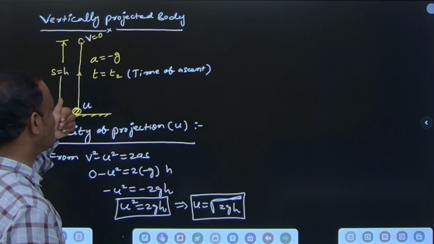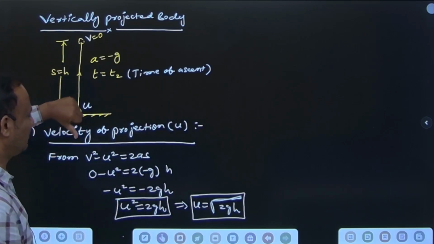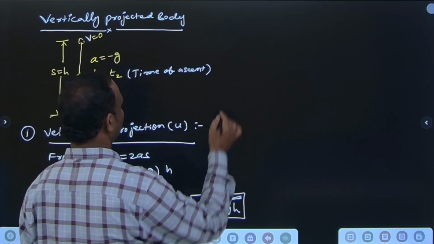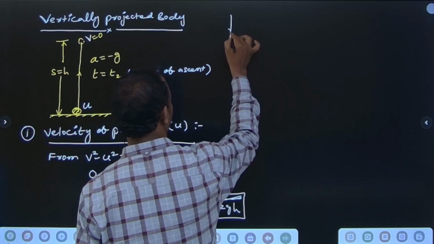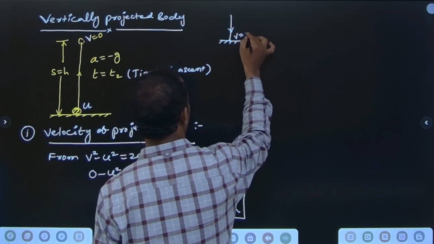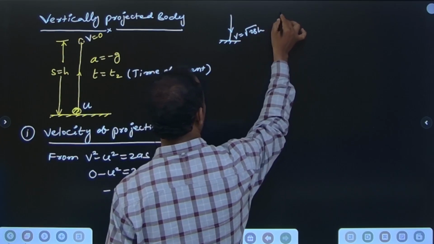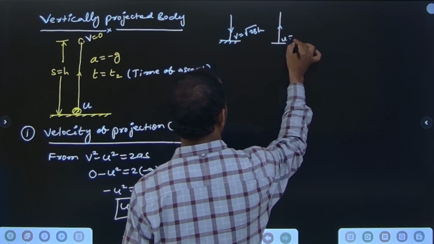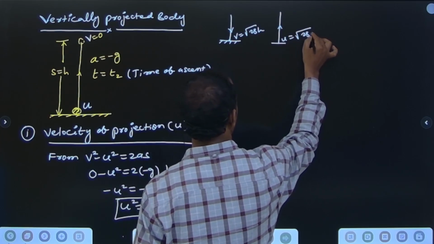With what velocity does it strike the ground? In free fall, the velocity of striking the ground is V equal to under root of 2gh. In vertically projected motion, the velocity of projection is U equal to under root of 2gh.